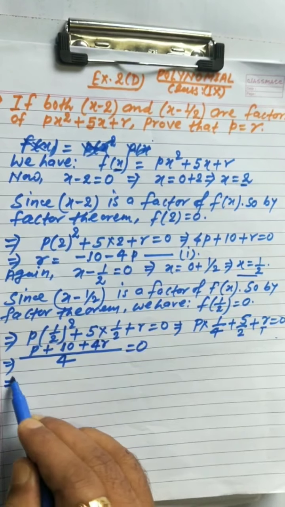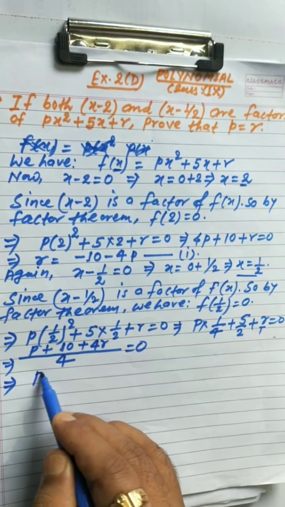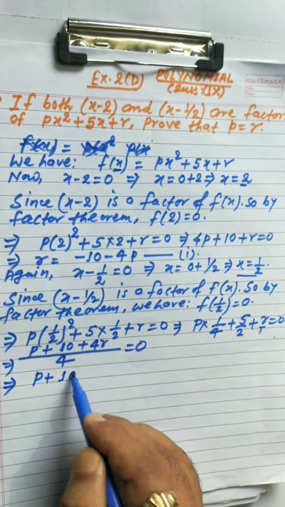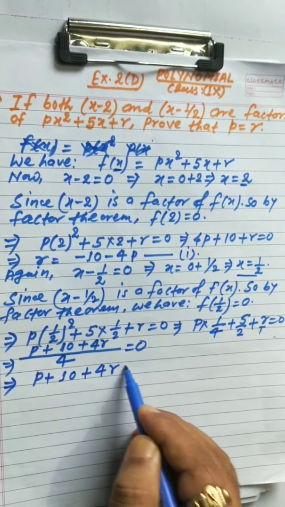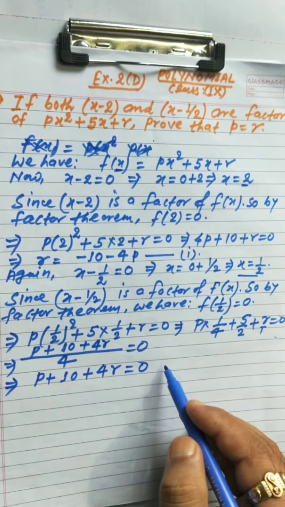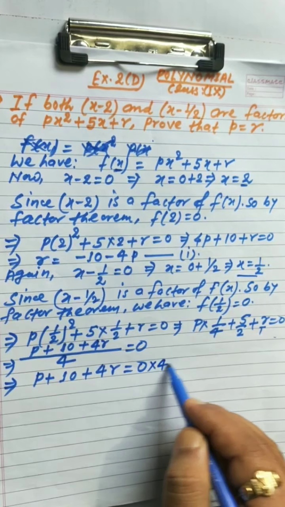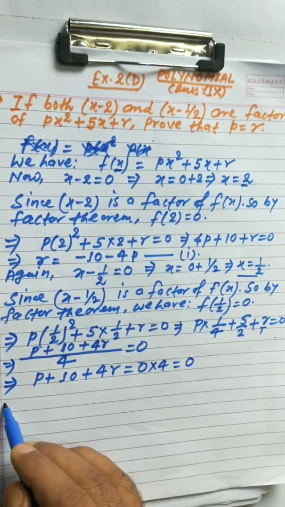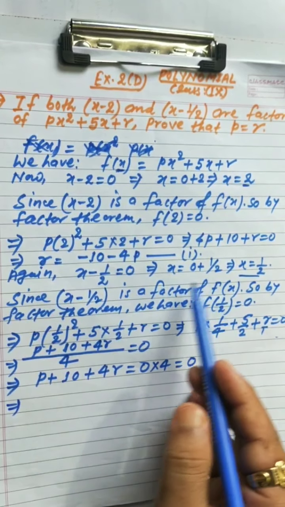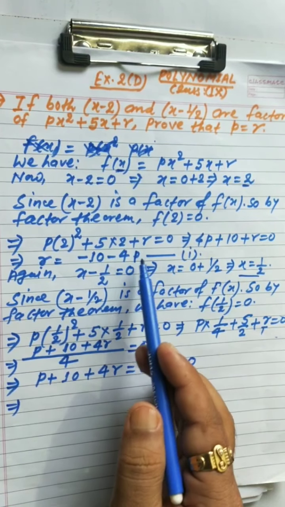So this implies that p plus 10 plus 4r is equal to 0 multiplied by 4, that is equal to 0.